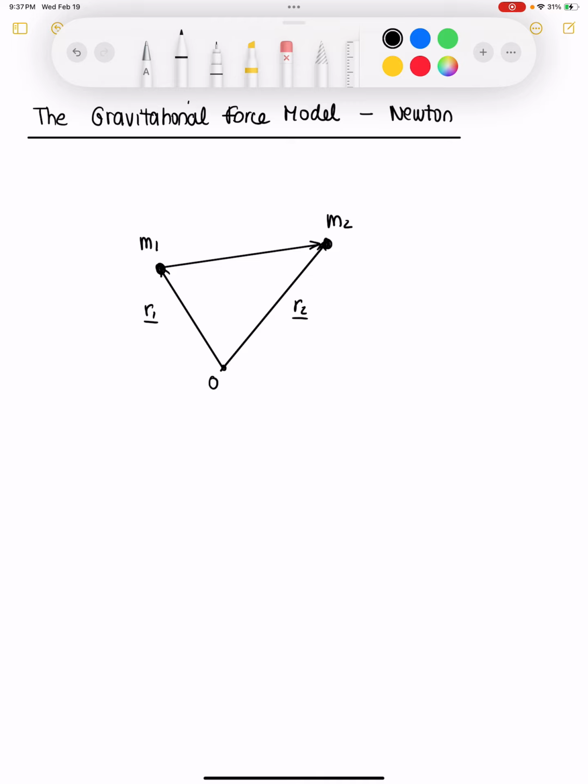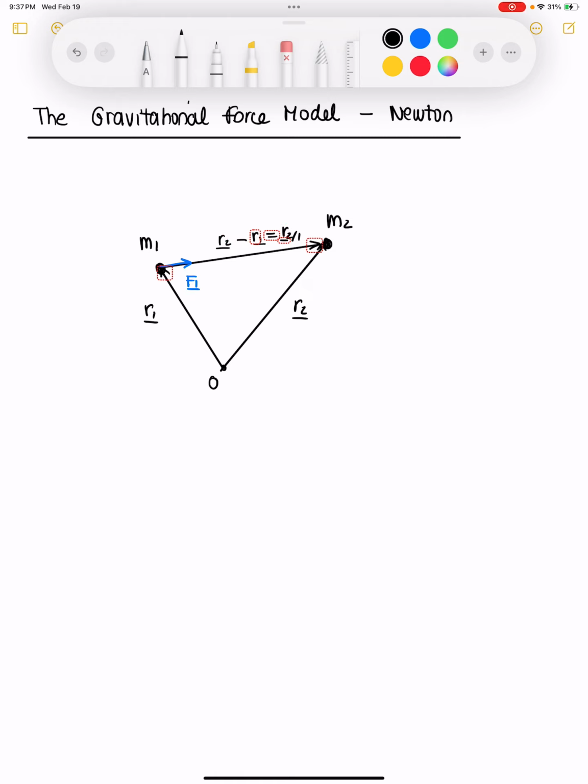So this vector here is r2 minus r1. The direction of the force acting on m1 by m2, we're gonna call it F1, points in the direction of r2 minus r1, which is equal to r2 with respect to 1.